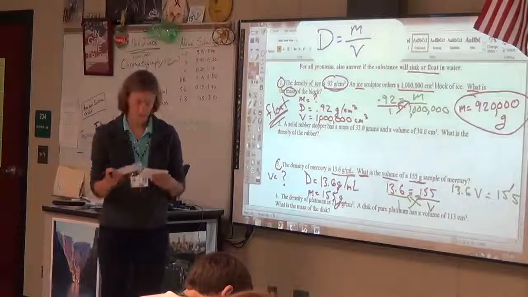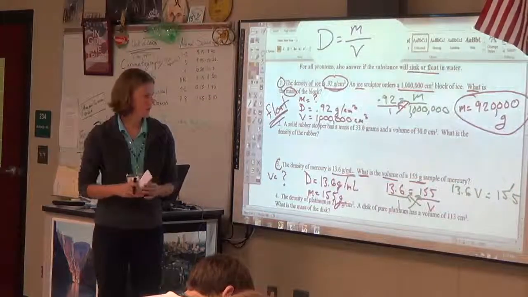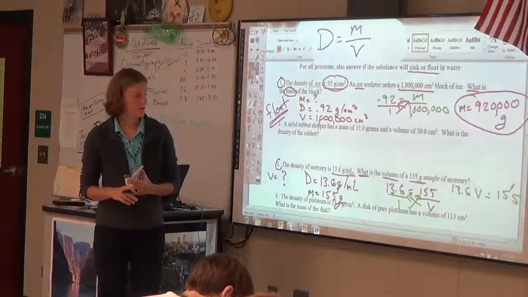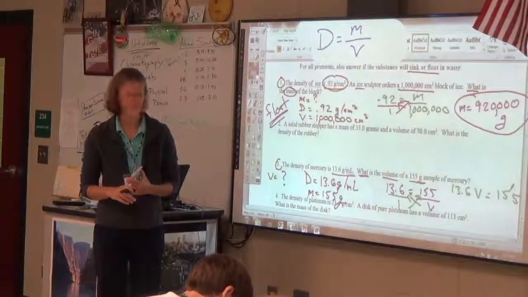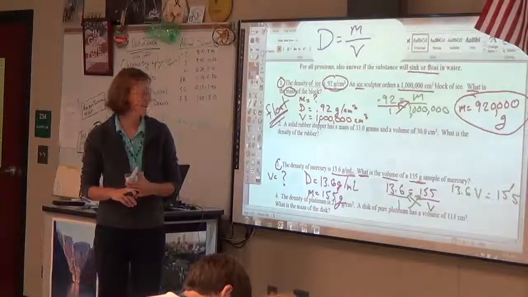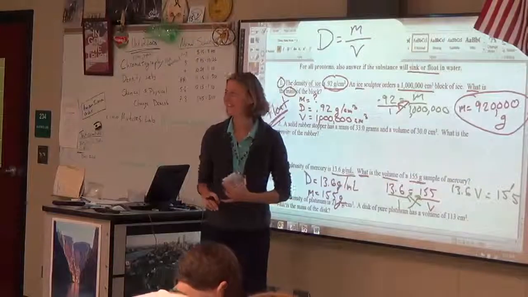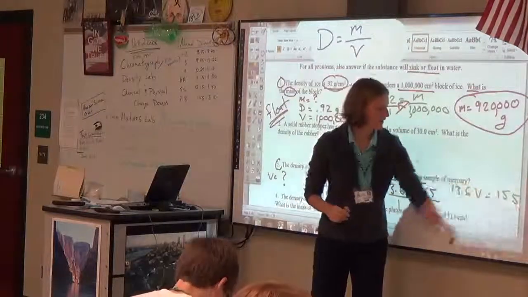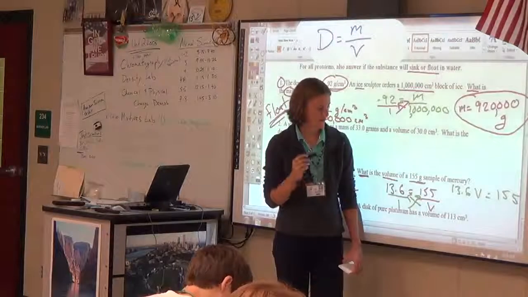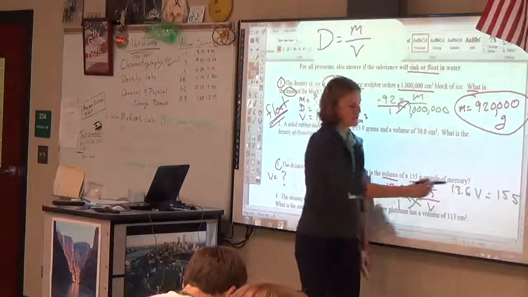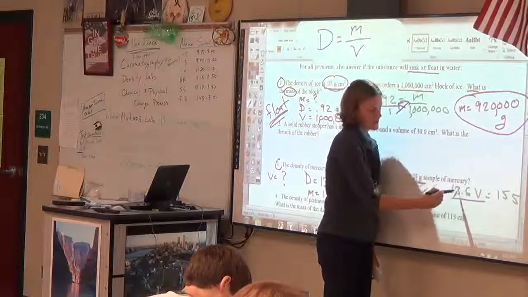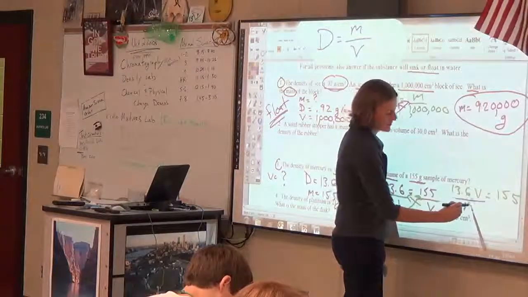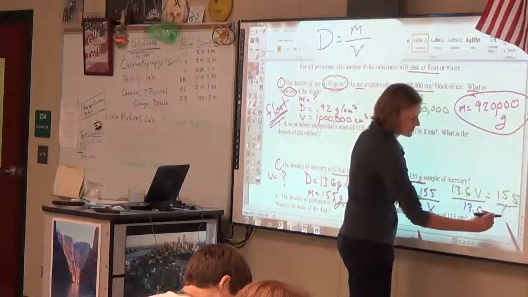So I'm not done. You got to do 13.6 over 1, and then on the right side, we've already done that. You divide. Oh, yeah. Okay, so you do 13.6 V equals 155. And then you do 155 divided by 13.6. Good. You want to get the V alone? So since we're currently multiplying by 13.6, we got to divide both sides by 13.6.